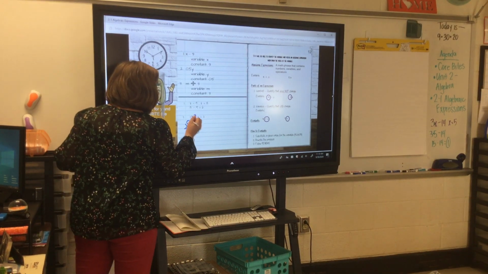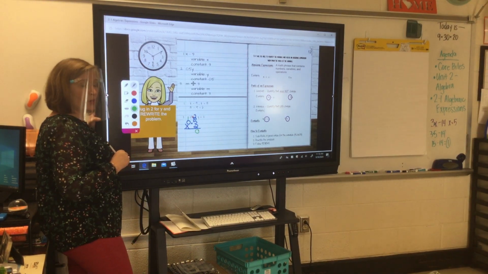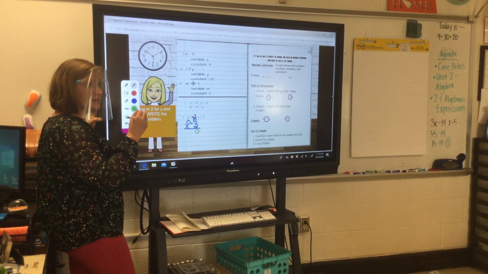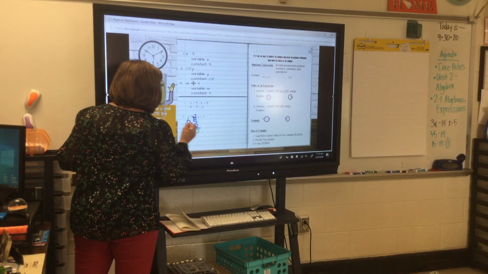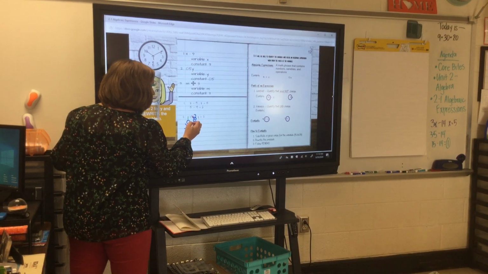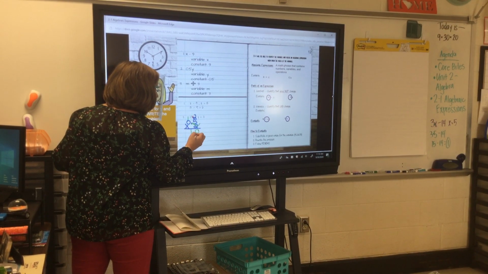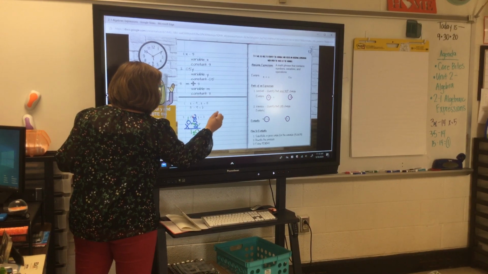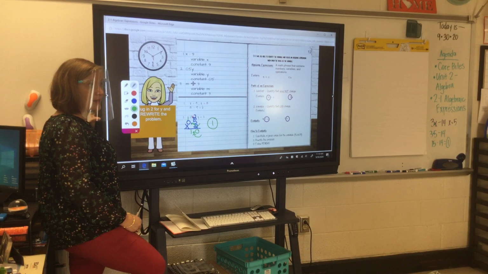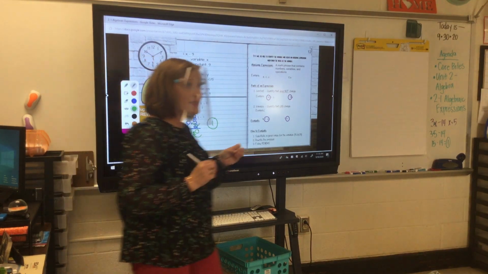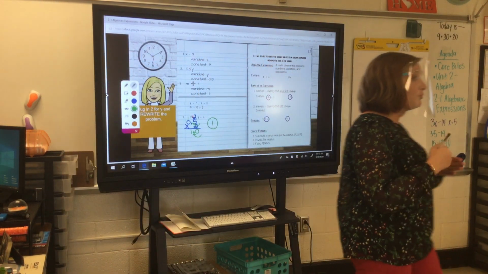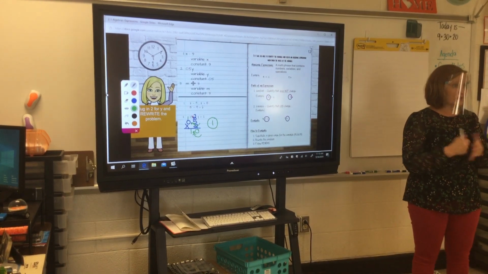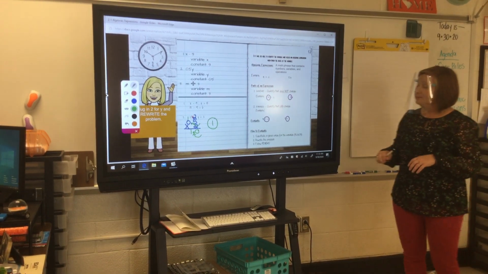Put down my 0, carry my 1. 2 times 0 is 0 plus 1 is 1. Now, how many numbers do I need behind the decimal? 1. So what's my answer? 1. Okay? Do y'all see how easy it is to make a mistake if you don't put the multiplication symbol? You've got to do that every single time. Okay?